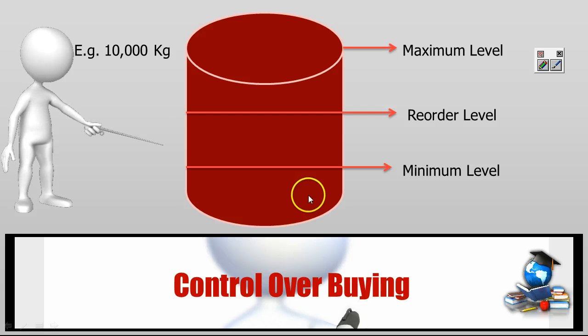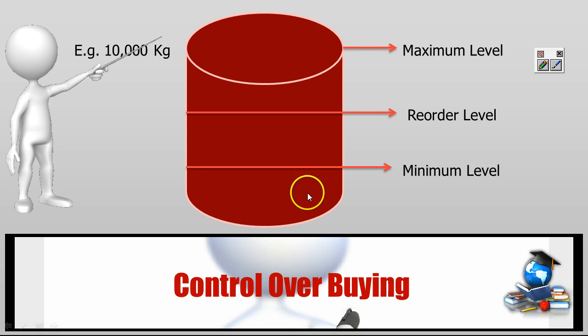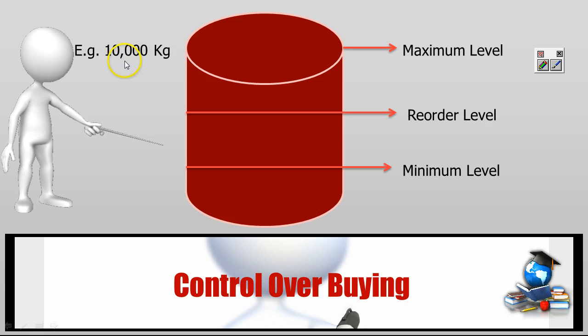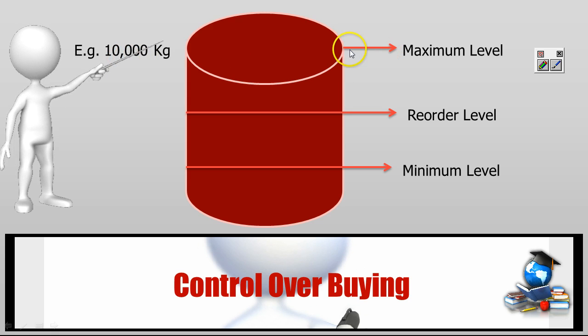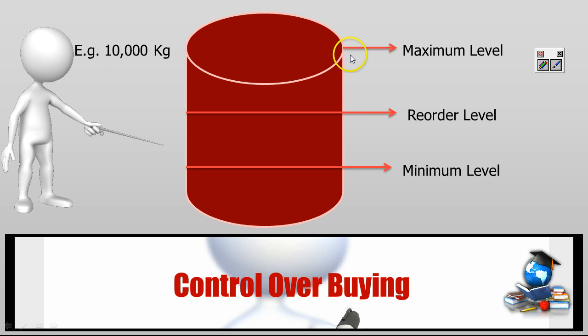Suppose, let us consider this is a drum. In this drum, suppose the maximum quantity is 10,000 units. That is a maximum level. In this drum 10,000 kilograms of any material can be filled up.